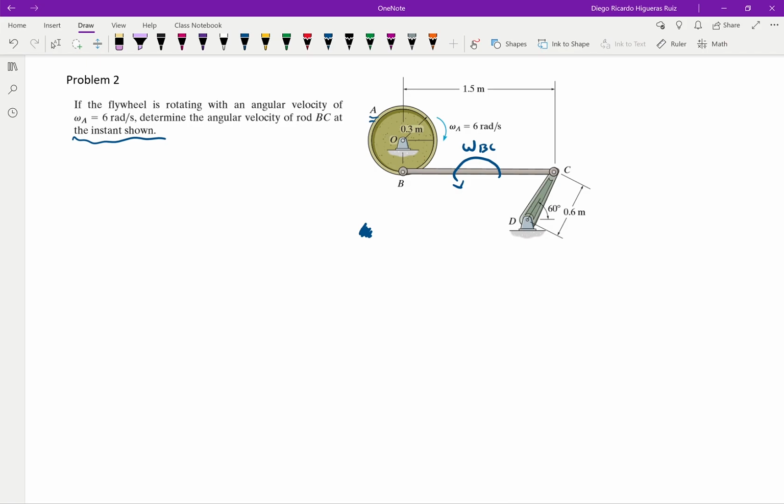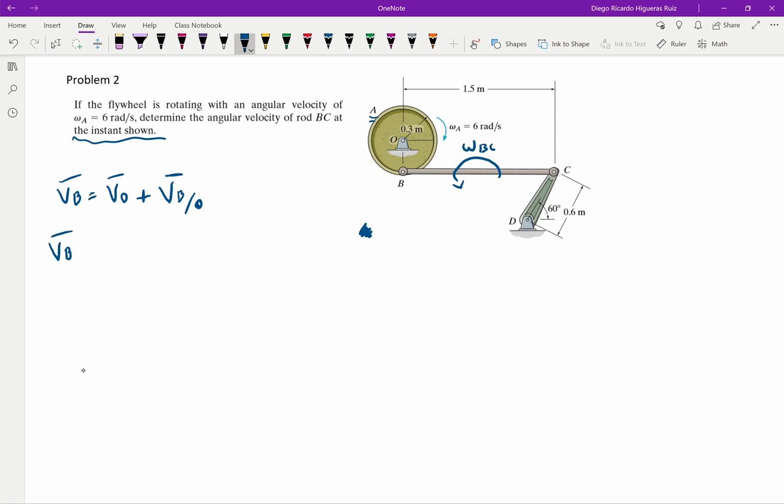So we're gonna use the relative velocity equations again. We're gonna start with VB is equal to VA, and I'm gonna actually call it V naught, plus VB with respect to naught. For this specific case, we can go ahead and solve, right?